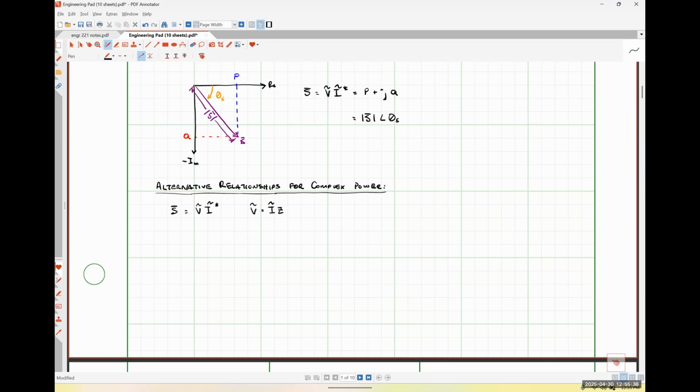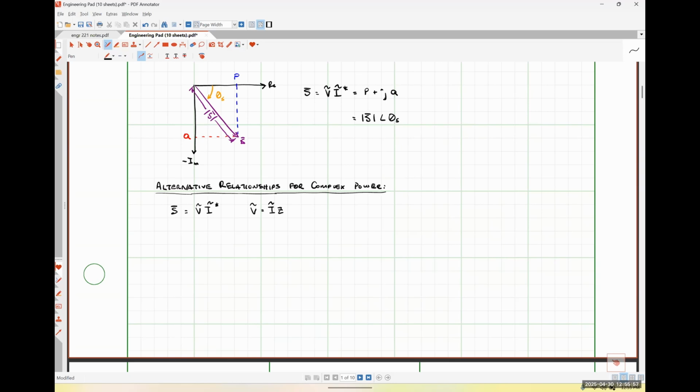So these relationships that I'm about to derive are only really valuable if we know either current or voltage as well as the impedance. If we don't know what the actual impedance is, then we have to revert back to knowing both voltage and current in order to calculate our complex power.